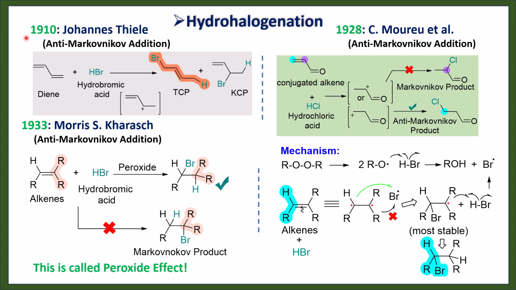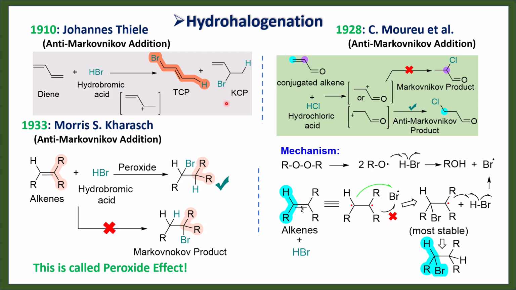In 1910, Johannes Thiele found an anti-Markovnikov addition product. When he worked with a conjugated diene and hydrobromic acid, he found that at high temperature a 1,4-addition product forms, where the bromine, the electronegative part, attaches to the less substituted carbon. That's why it is an anti-Markovnikov product, because according to Markovnikov it should attach to the more substituted carbon.